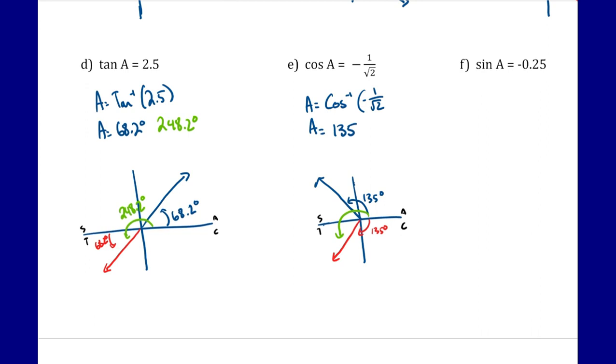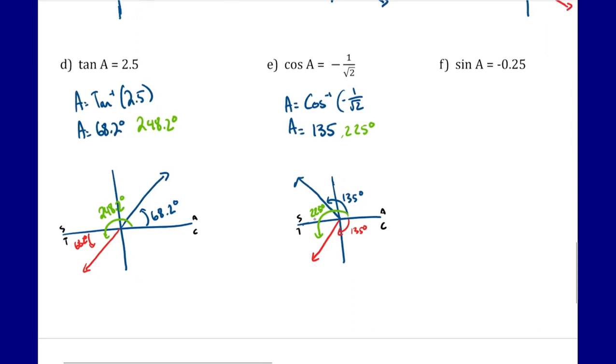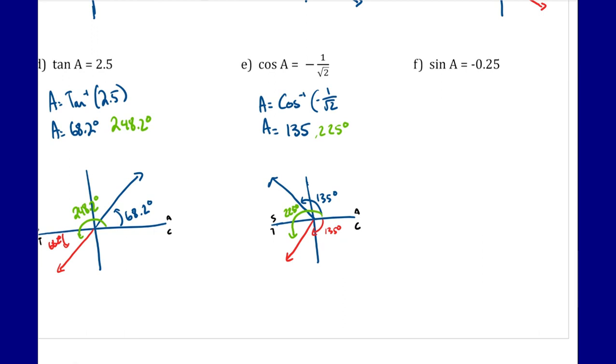So it would be 360 minus 135, which is 225. So 225 is the other angle that would give me that same negative ratio. I could have found an acute angle, similar to what we did in the first part, and then did 180 plus that acute angle. But this way also works. You can always check that on your calculator too, and you see that you get the same ratio.